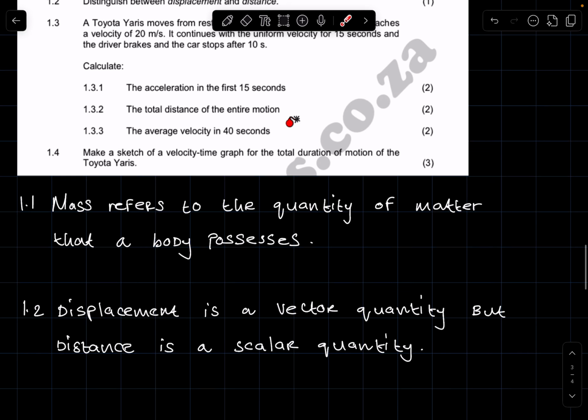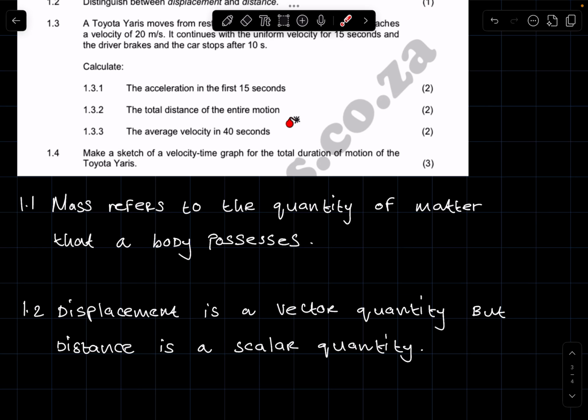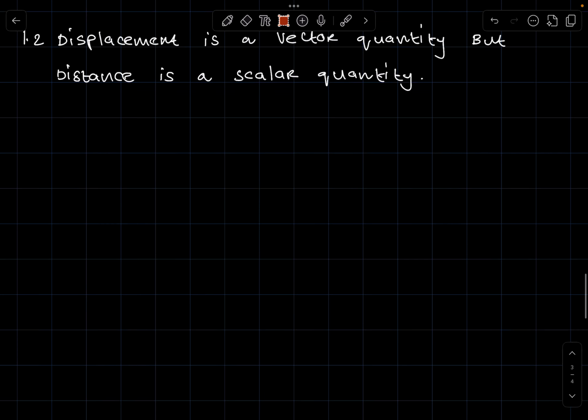So the first thing I would advise you to do is, even if you don't draw it on a piece of paper, even if you draw it on the question paper itself, just draw a rough sketch of the velocity time graph, so that you have an idea of what exactly is happening. So this is 1.3.